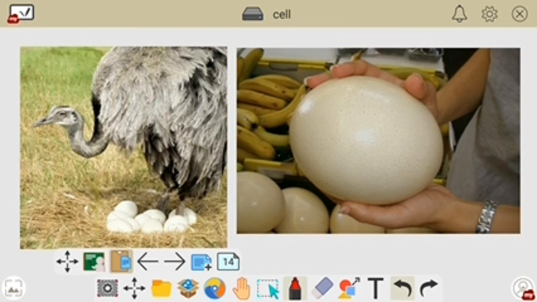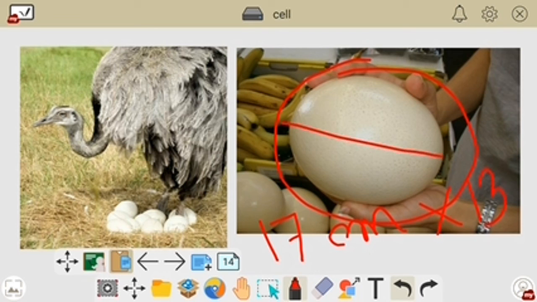So what is the biggest cell? The biggest cell is the egg of the ostrich. You can imagine how big the egg is. The size is almost 17 centimeter in length and 13 centimeter in breadth.